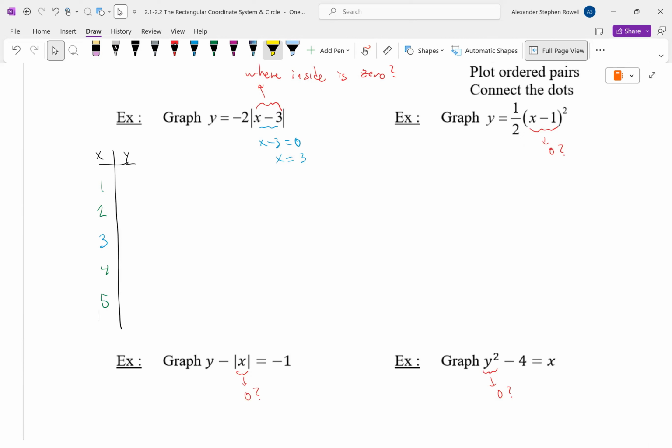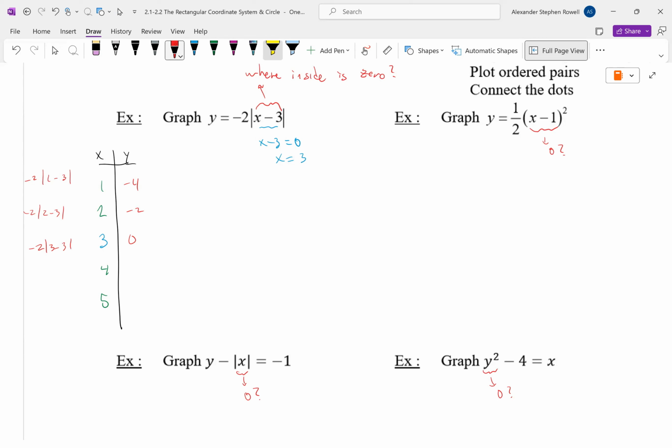Let's start with 3. If I plug in 3, what do I get? -2, absolute value of 3 minus 3 is what? Absolute value of 0 times -2 is 0. Very good. If I plug in 2, what do I get? Absolute value of -1 is 1 times -2 is -2. If I plug in 1, what do I get? Very good, -4.